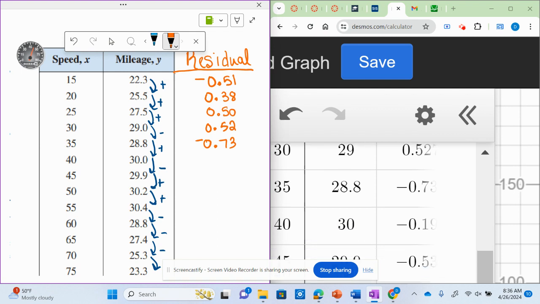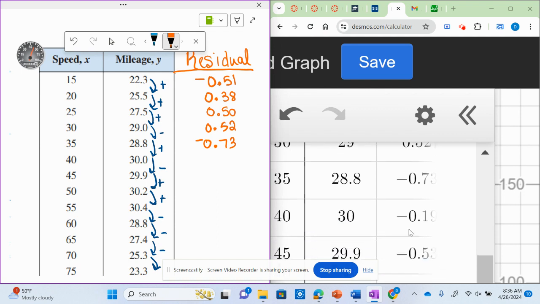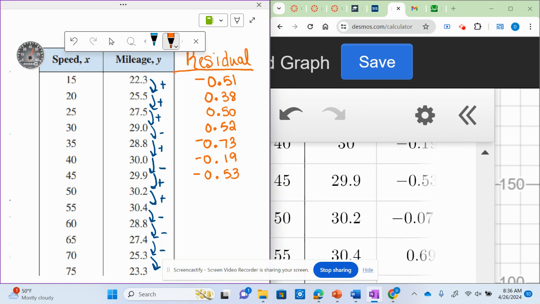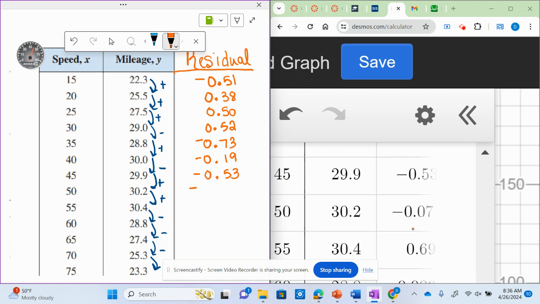When X is 40, my residual is negative 0.19. When X is 45, my residual is negative 0.53. When X is 50, my residual is negative 0.07.